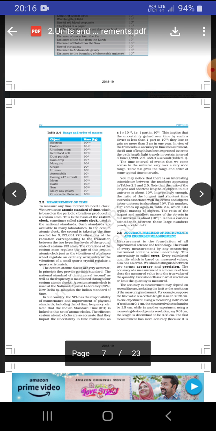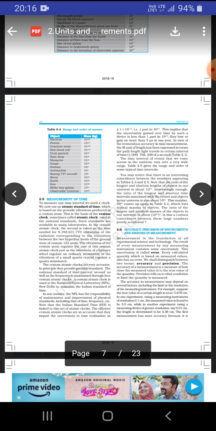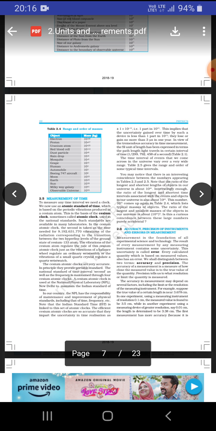The measure of how closely the measured value agrees with the true value is called accuracy. And precision is the closeness of the measured values to each other, when the particular values we get agree with one another.